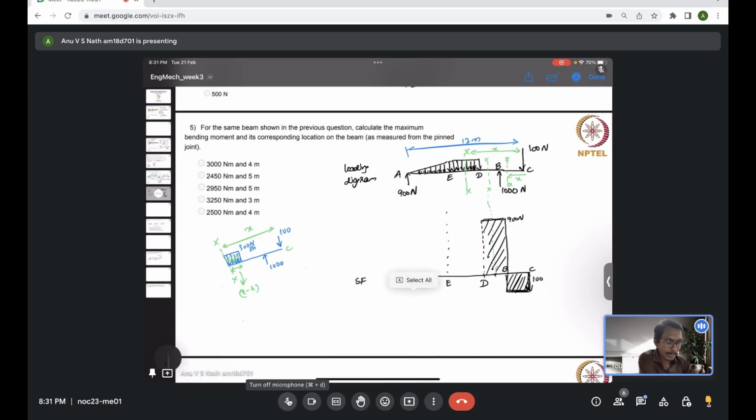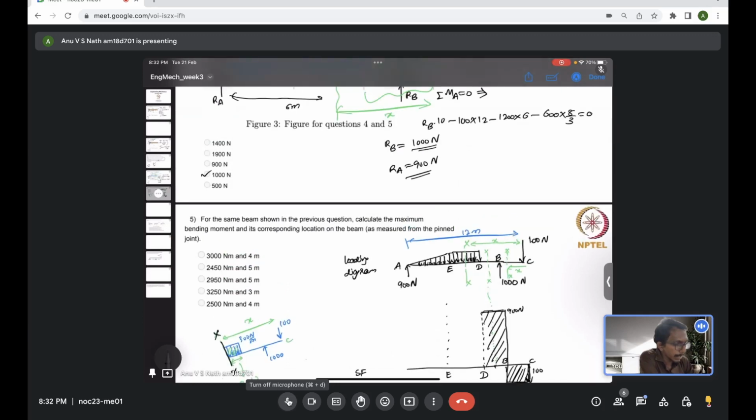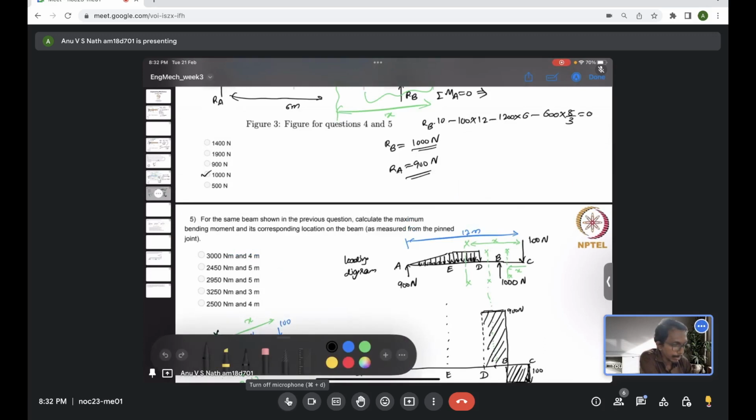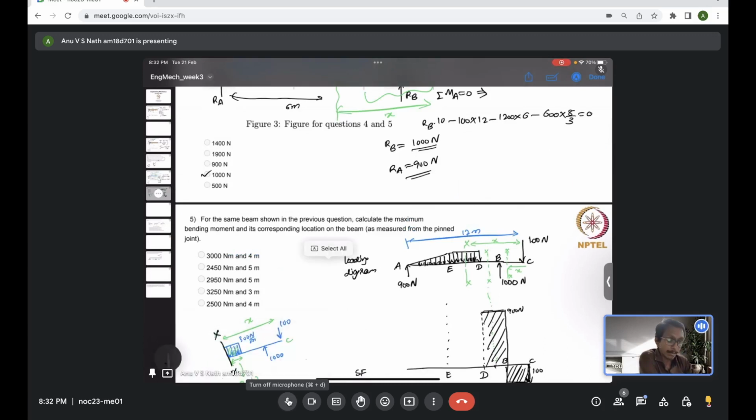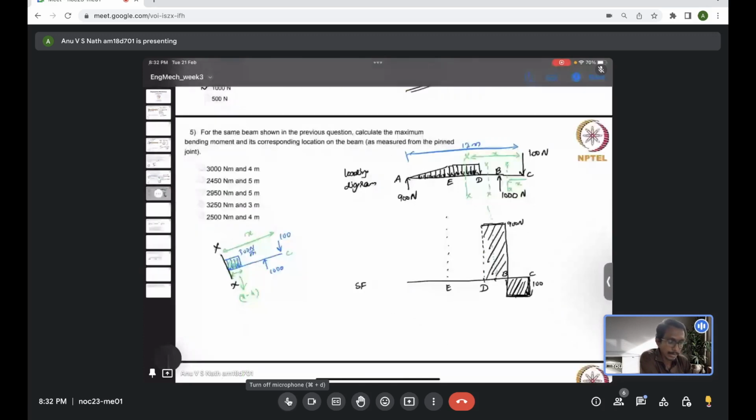If that is clear, then what we are supposed to do is add up the net force on the right hand side for any section XX in between E and D, to find the shear force. For bending moment we follow the same procedure, just adding up the bending moment on the right hand side. Here we are plotting the shear force diagram only.